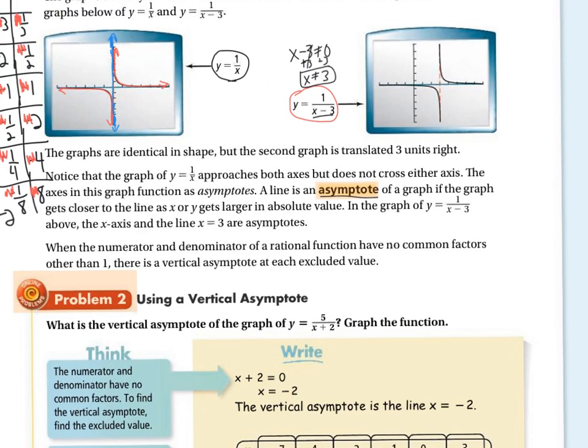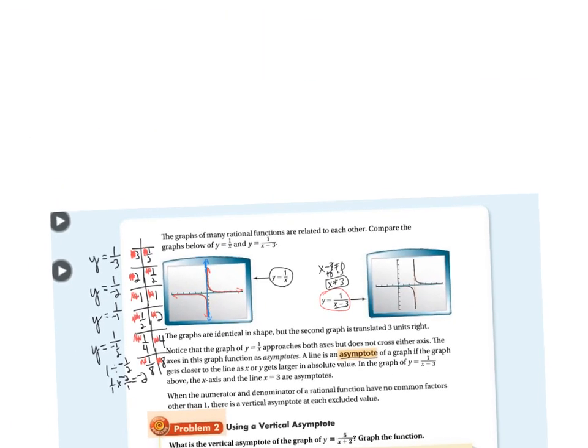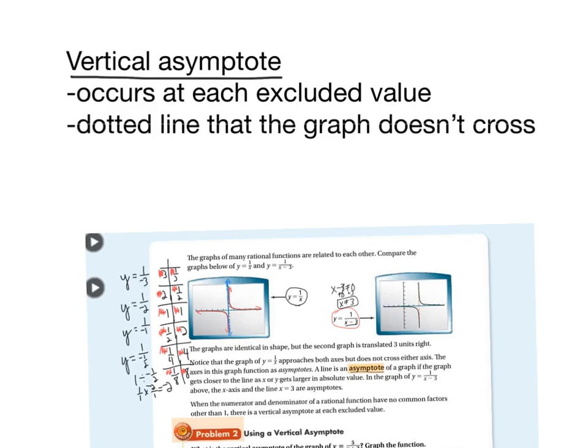So we'll just do a little bit of a definition here before we move on any further. So a vertical asymptote occurs at each excluded value, and it's a dotted line that the graph doesn't cross. And I should point out as well, this vertical asymptote would be a vertical dotted line the graph doesn't cross, thus the name vertical asymptote.